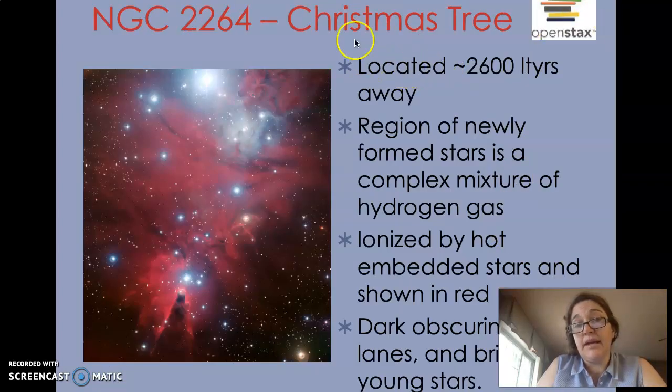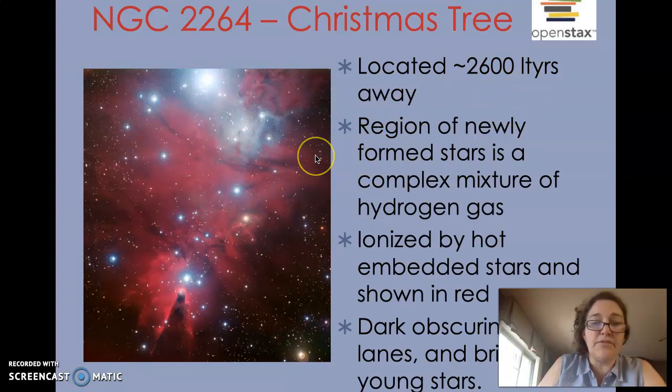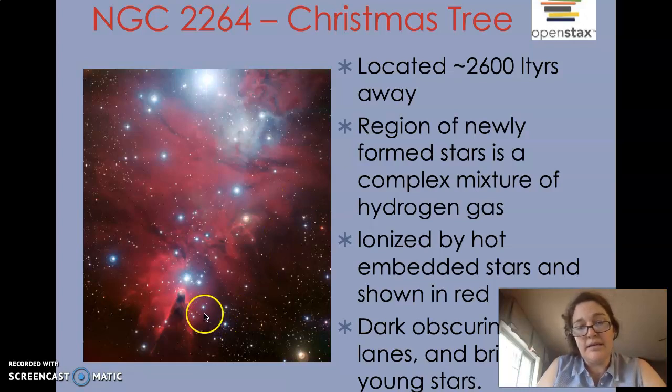When we look at a particular open cluster, in this case NGC 2264, this one's called the Christmas Tree, 2600 light years away from us, we see this beautiful image, and the gases in the cluster are ionized by the hot stars in there, so we see the gases glowing red.